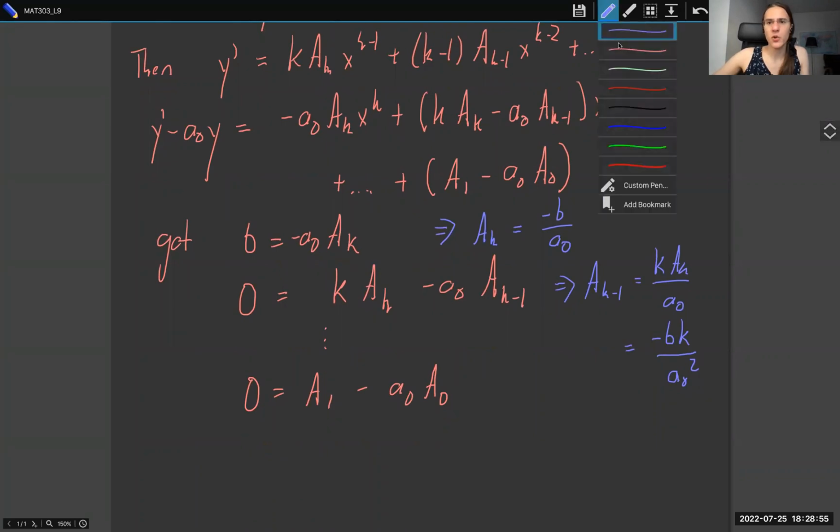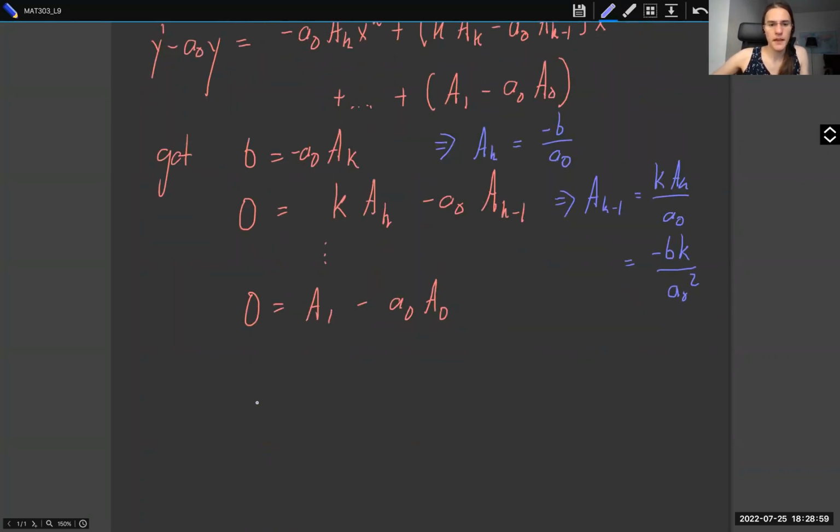And in general, each one of these equations rearranges to a sub k minus L is equal to, so if we have a to the k minus L, we're going to have k minus L here. And then we're going to have minus a naught a to the k minus L minus 1 is equal to 0.